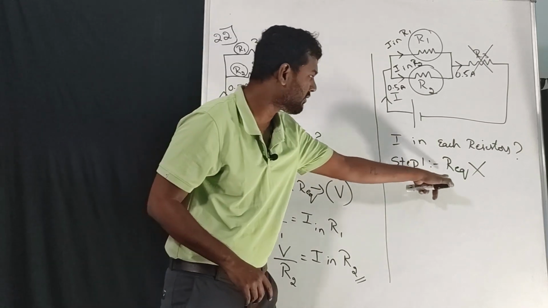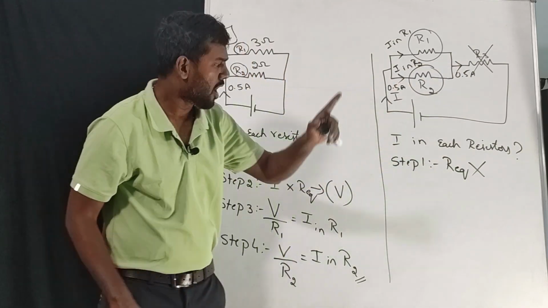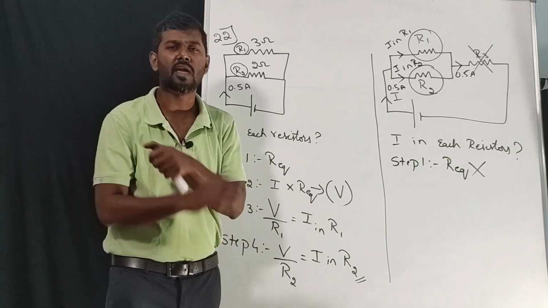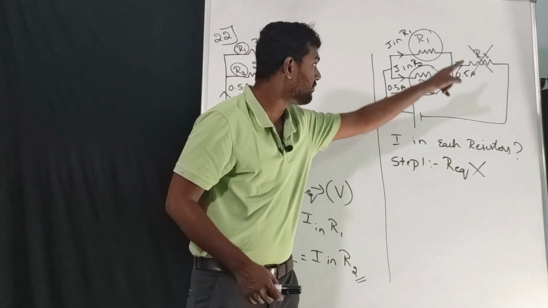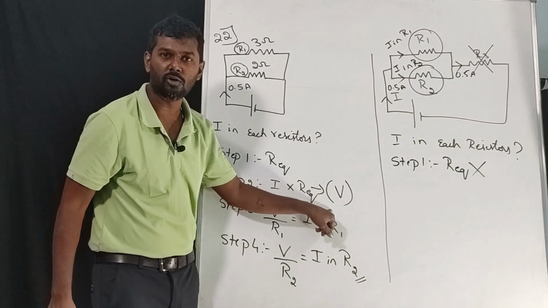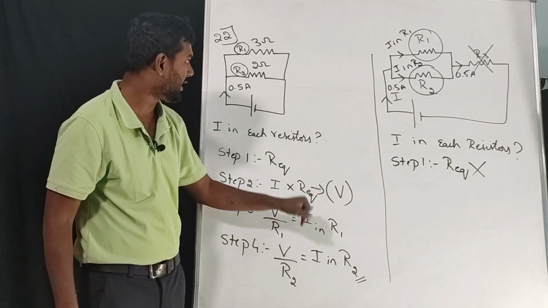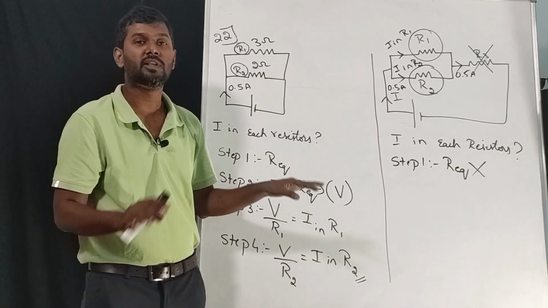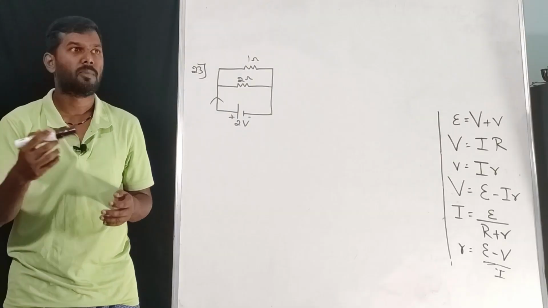If you include R3 in R equivalent, everything will be completely wrong. Then the next step, terminal voltage, will be wrong. Using that terminal voltage we find the current in R1 and R2, so everything will be wrong. So this difference you should know. Question number 23.